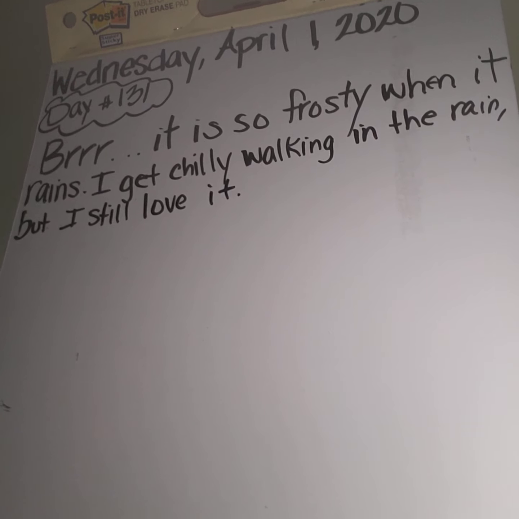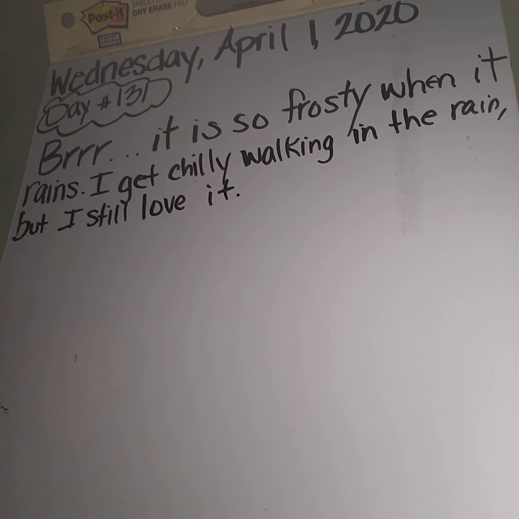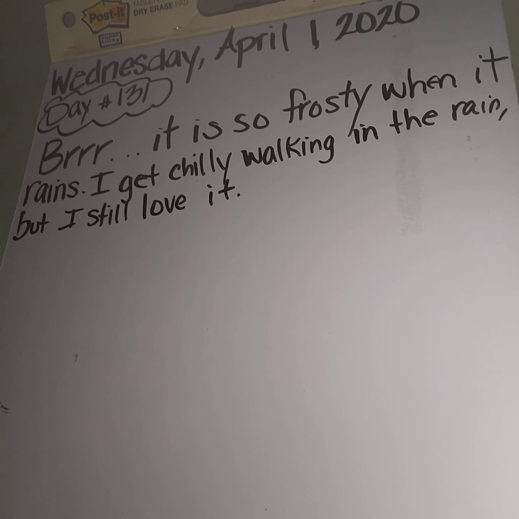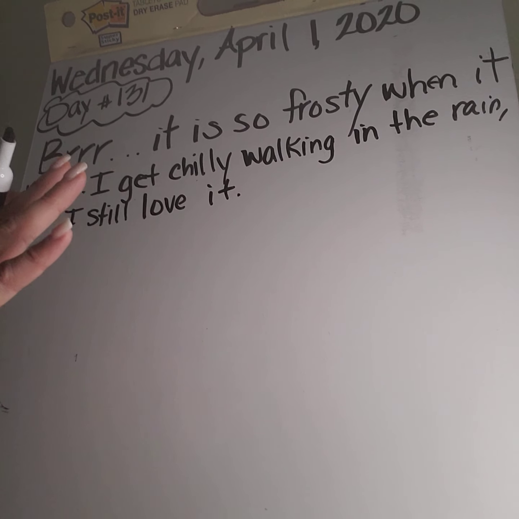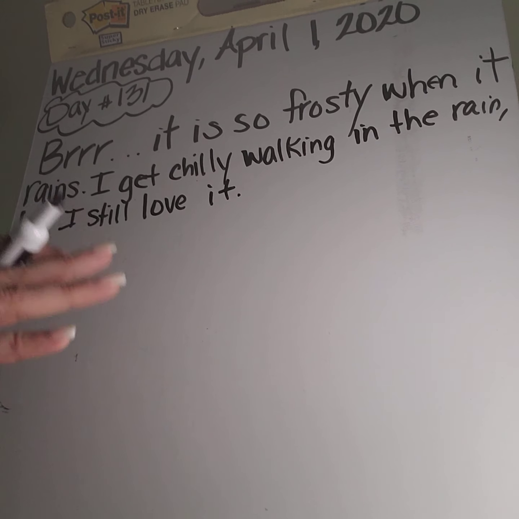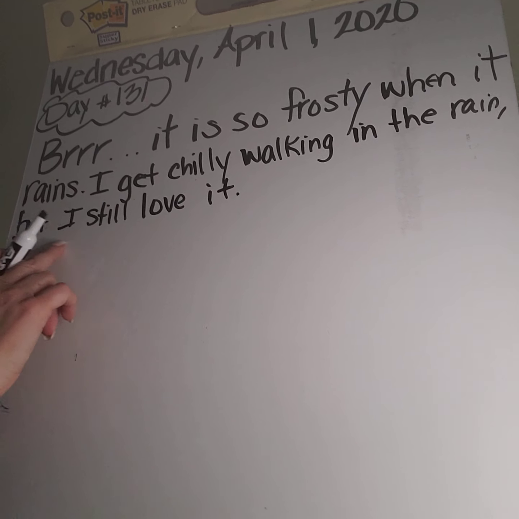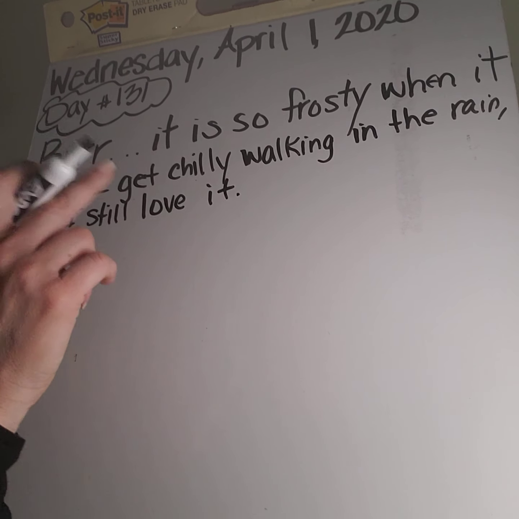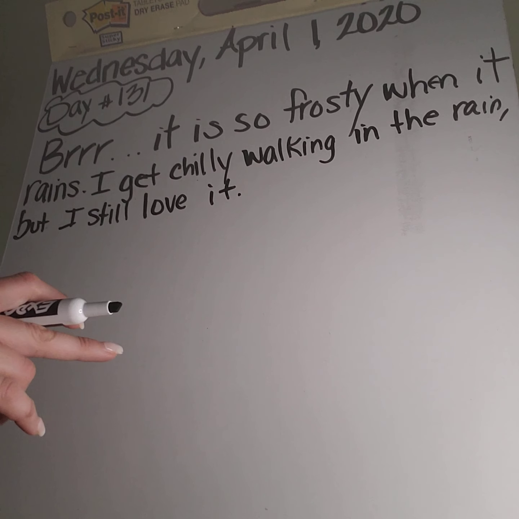And if you noticed, I used 2 different words that mean cold. I used frosty and I used chilly, because remember, we should be working on our vocabulary, not just using our basic kindergarten and first grade words. So here I'm telling you, remember, our prompt is walking in the rain is. So now I'm telling you about me being cold walking in the rain, but I'm also telling you that I love it. So then most likely that's what I'm going to be writing about.